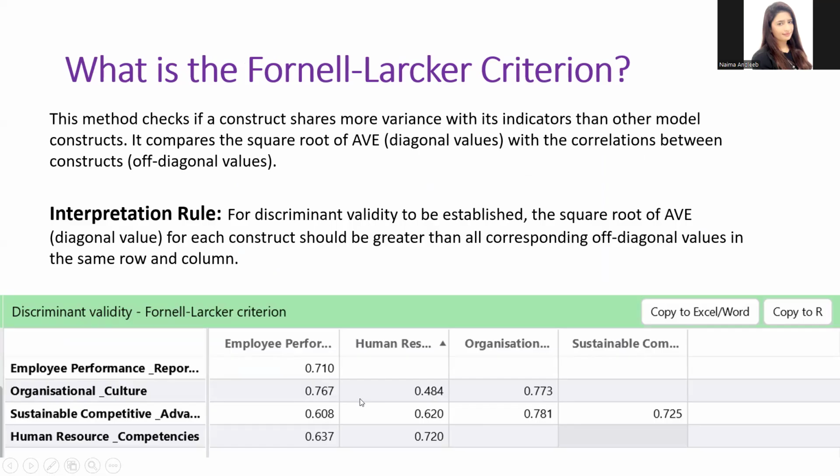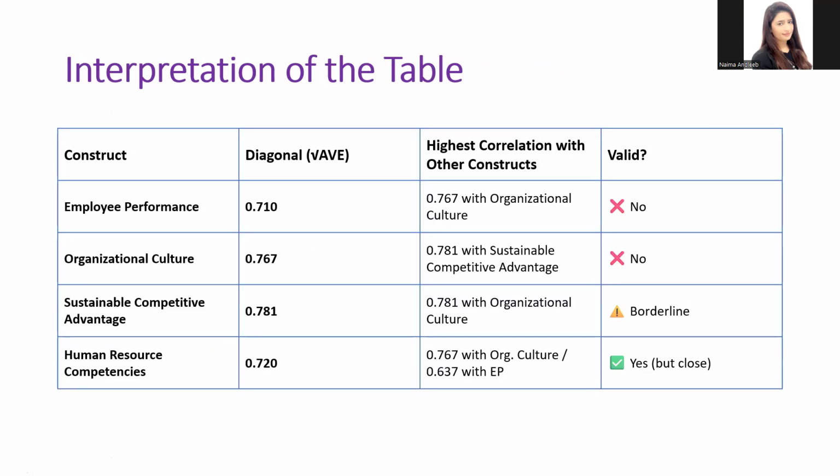So sustainable competitive advantage 0.781, with organizational culture is borderline. Again, it is borderline; one is okay and the other, yes, but very close. You can see these values are acceptable, but very close.